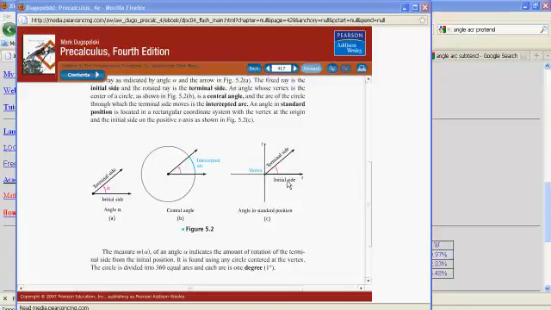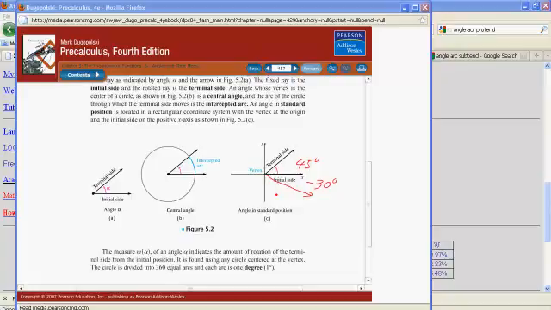For example, here we may have approximately 45 degrees, right? If the rotation is clockwise, like this, we may have negative 30 degrees. So the sign of the measure of an angle depends on how you rotate the ray away from the initial side.